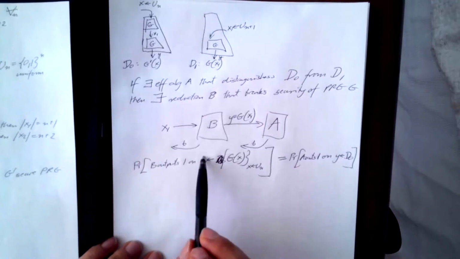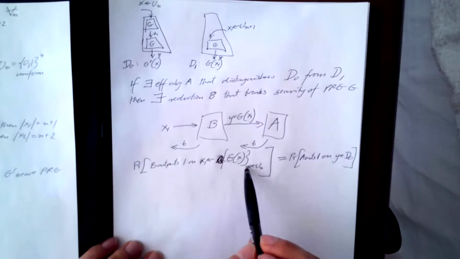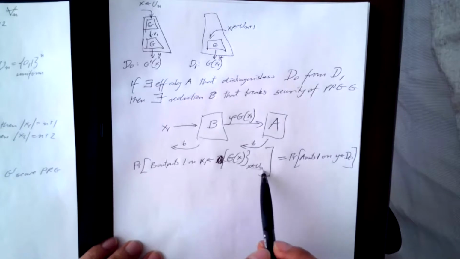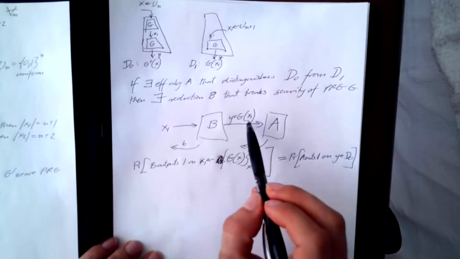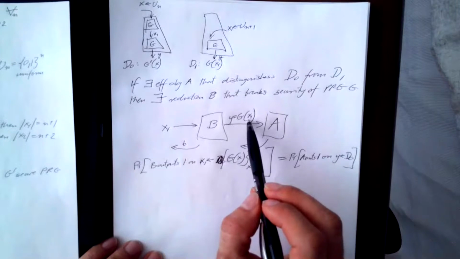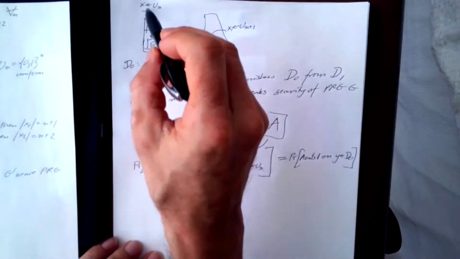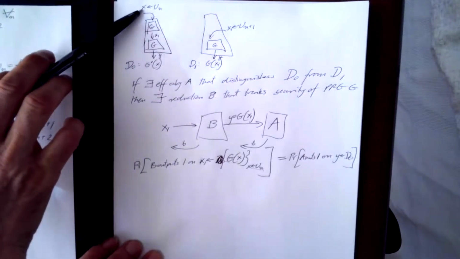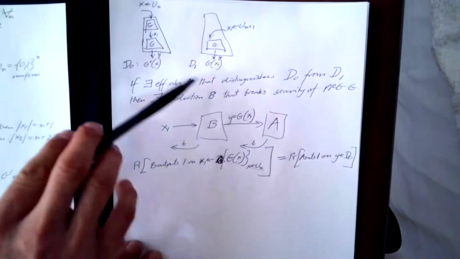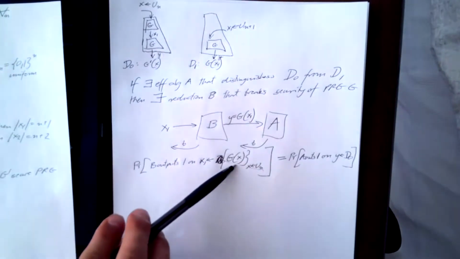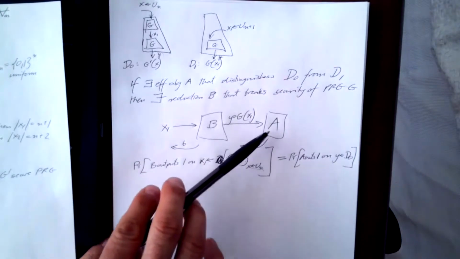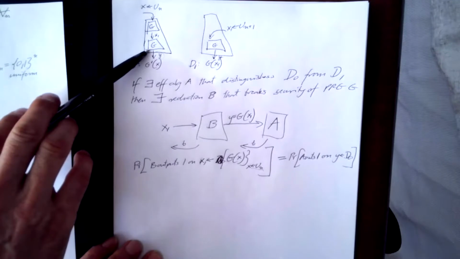Because X1 is like a random sample from this distribution, so X1 is G of X for a uniform X. And if you give somebody G of X1, then you give them Y from this distribution. It's exactly the same thing, right? Because X was sampled at random, like here. G was done on X, it is done here. So that's an X1, but I give you G of X1. So I'm doing one more G here.